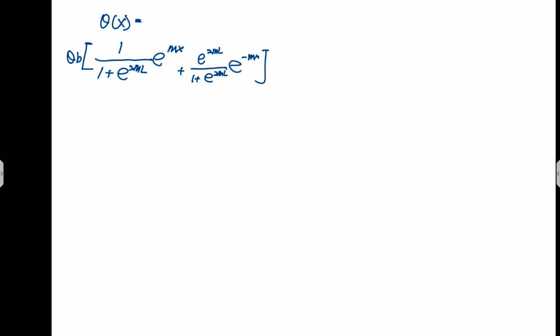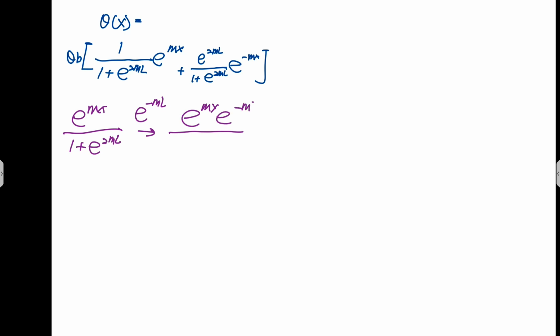So if we take a look at the term e to the mx over 1 plus e to the 2ml, if we try to multiply by e to the minus ml for each of them, let's write it down like this. The top becomes e to the minus ml, and the bottom one will become e to the minus ml plus e to the ml.